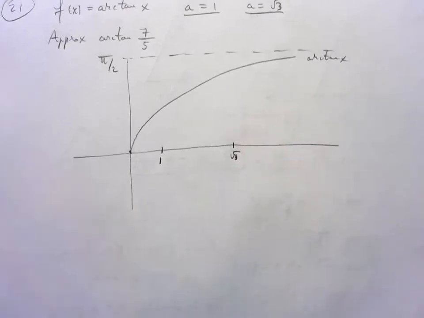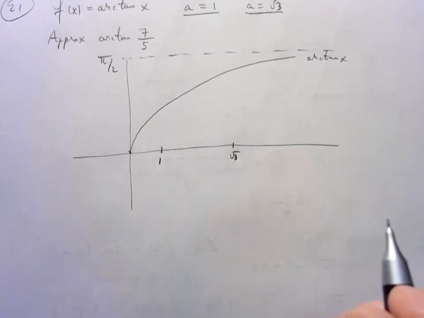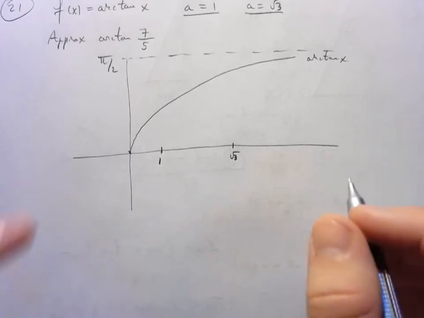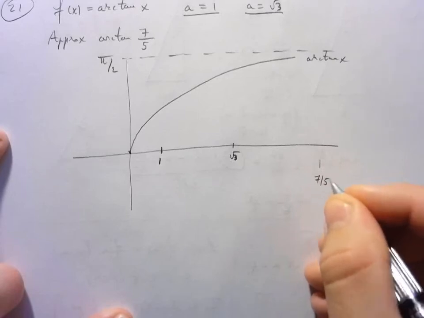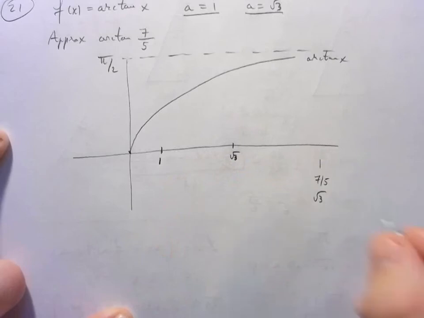Okay? Now root 3, by the way, is, I believe it's 1.7 or something, right? And 7/5 is 1.3, right? So I have 1, I have 7/5, and then I have root 3 in that order, which means 7/5 falls somewhere.